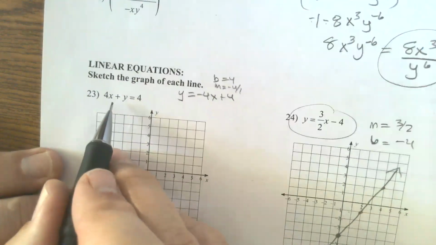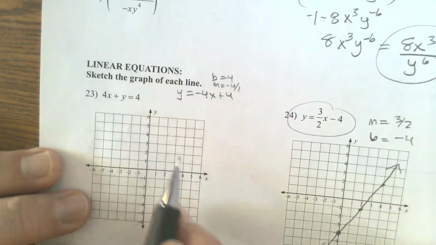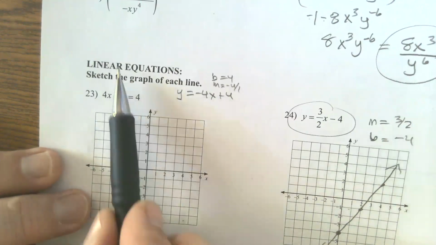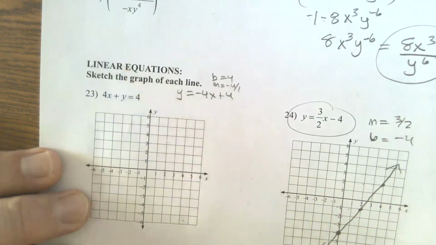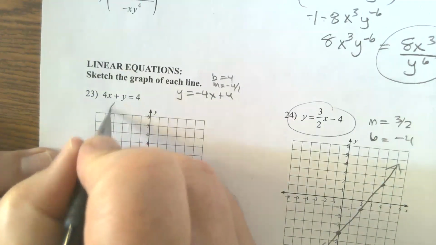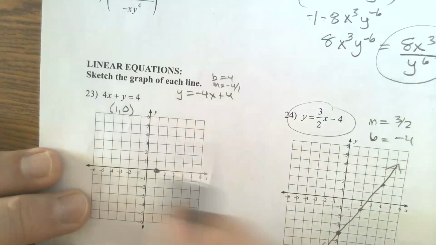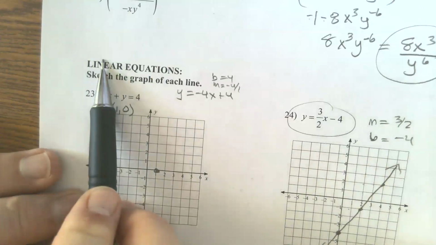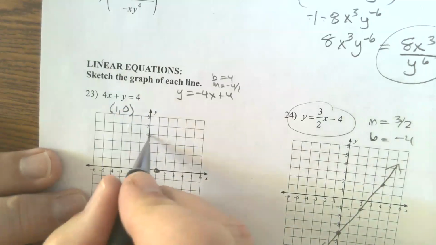But I could also graph this looking for x and y intercepts. If I have 2 points, I can connect them to make a line. Well, my x-intercept happens when y equals 0. So if y is equal to 0, that means 4x equals 4, so x is equal to 1. In other words, x is 1 when y is 0. And if I did it the other way and said, okay, what if x were 0? Then I see that y is equal to 4. If x is 0, y is equal to 4.